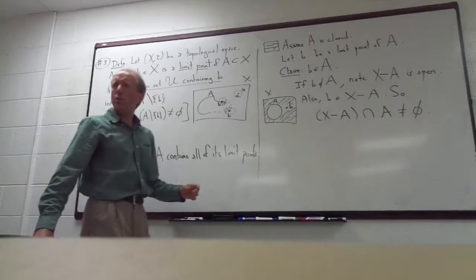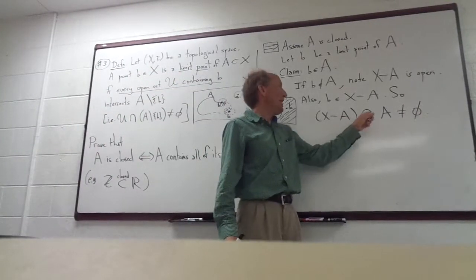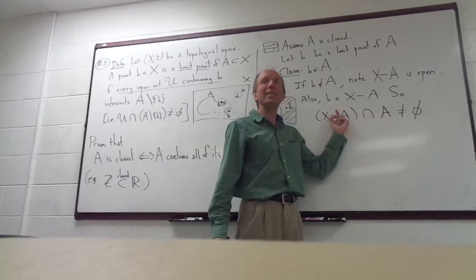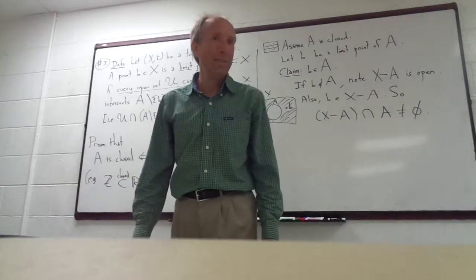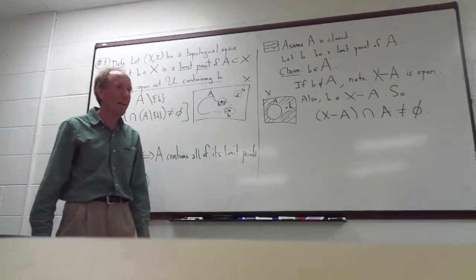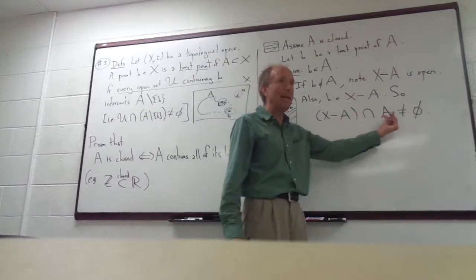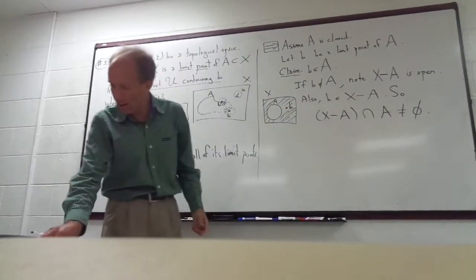This means that there exists an element that is both in A and not in A at the same time. Well, that's absurd. That's a contradiction. You can't have an element that lives in both the set and not in the set at the same time. This is just a contradiction.